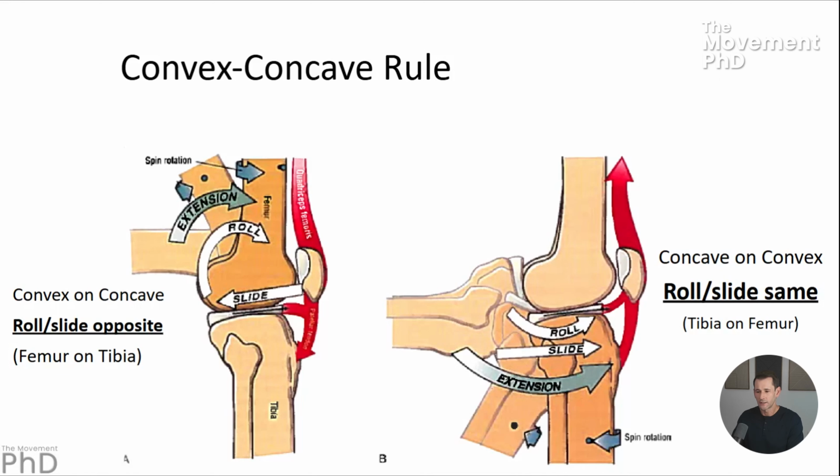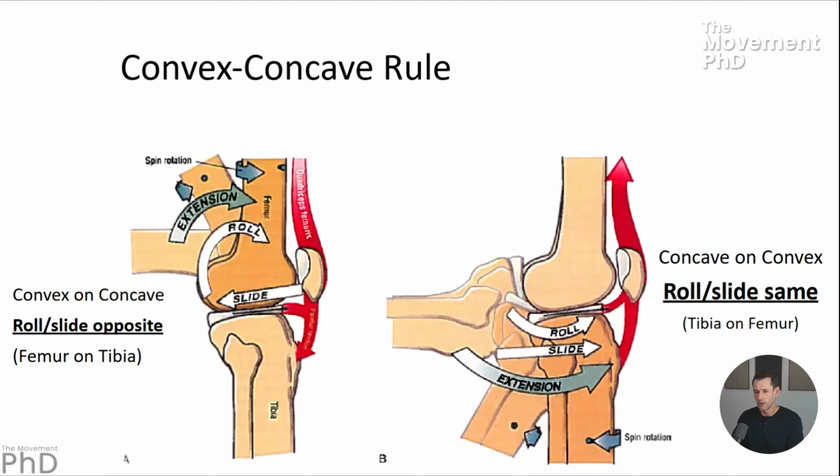The first thing is to determine which segment is moving. We're going to use our knee example because I think it's most relevant and probably the easiest to think about. During a closed chain knee extension activity, what segment is moving? It's the femur.